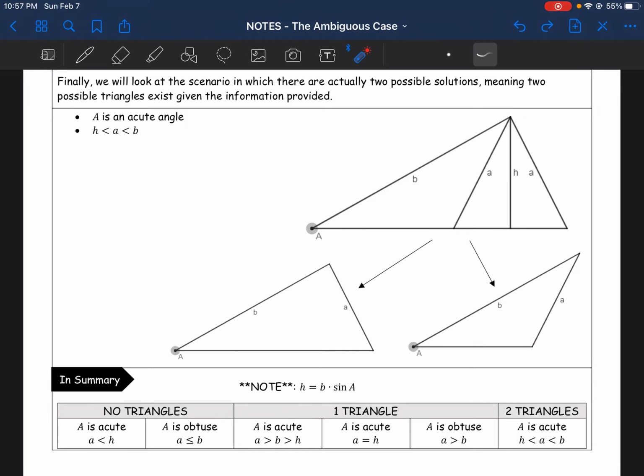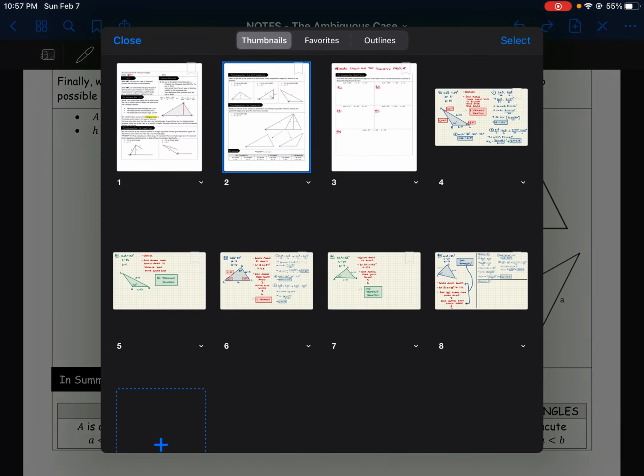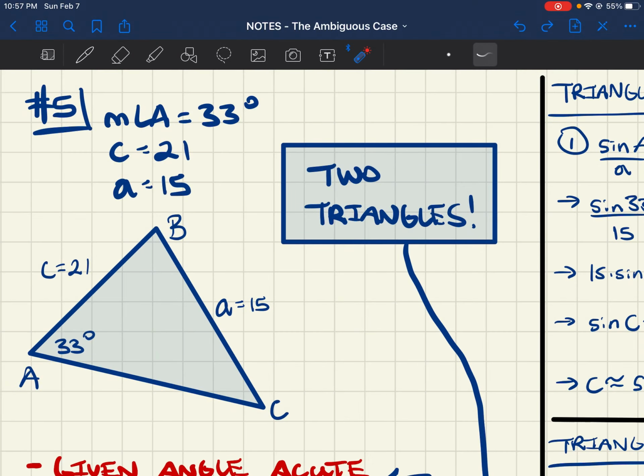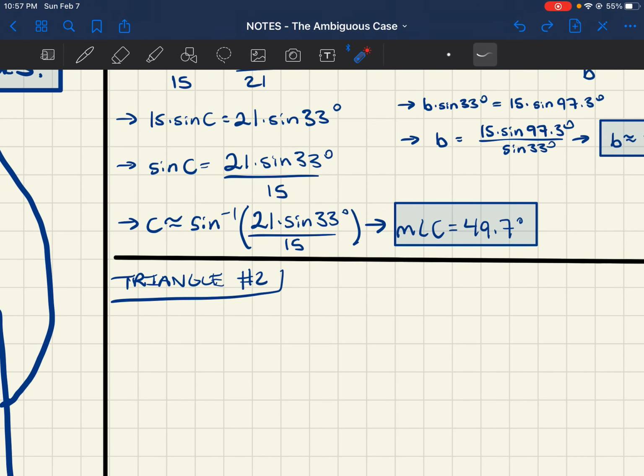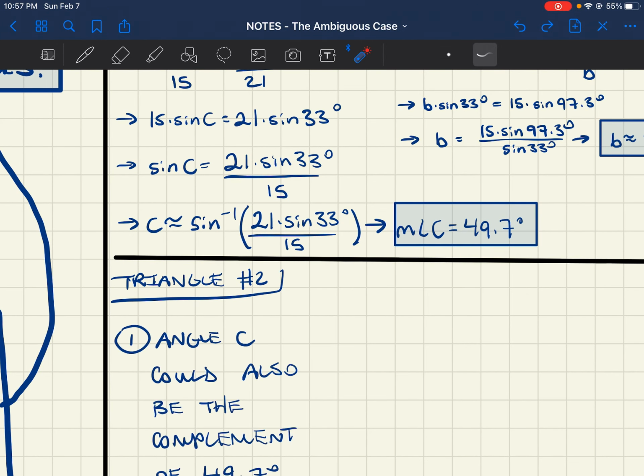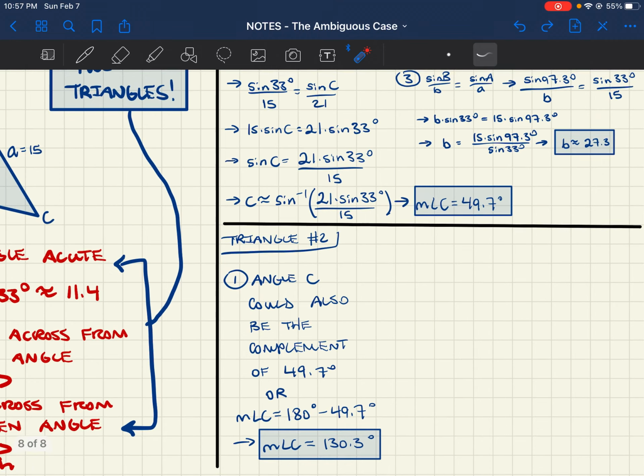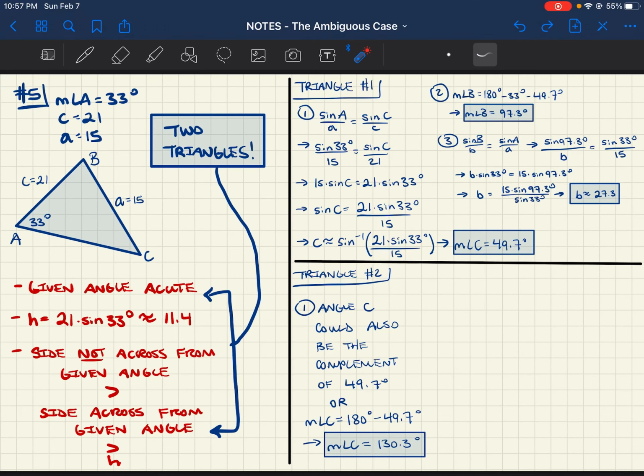So what that means is the two different angles that would show up right here are supplements of each other, meaning that these two angles would have to add up to 180 degrees. So if we look at this angle right here, 49.7 degrees, its supplement would be, if we subtracted it from 180, 130.3 degrees. So the other possible degree measure for angle C is 130.3.